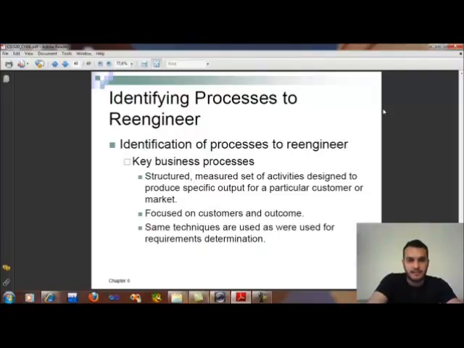A process is a structured, measured set of activities designed to produce a specific output for a particular customer or market, focused on customers and outcomes. And the same techniques are used as were used for requirements determination.